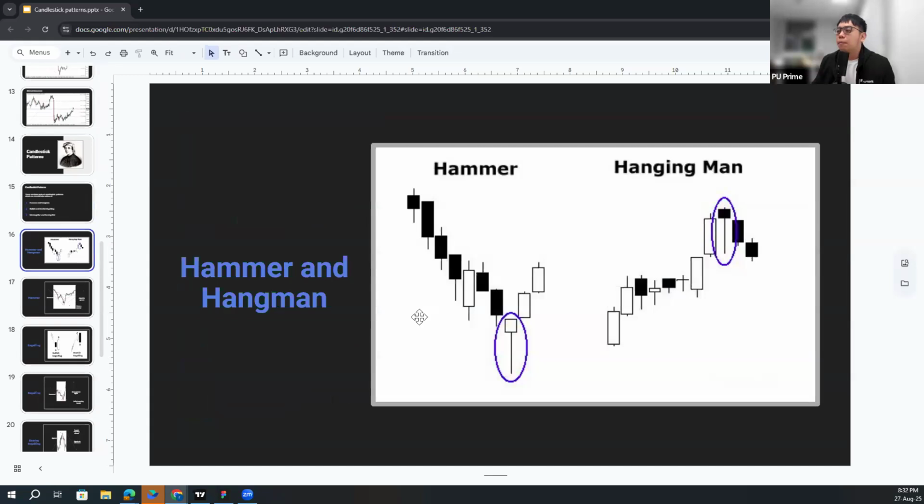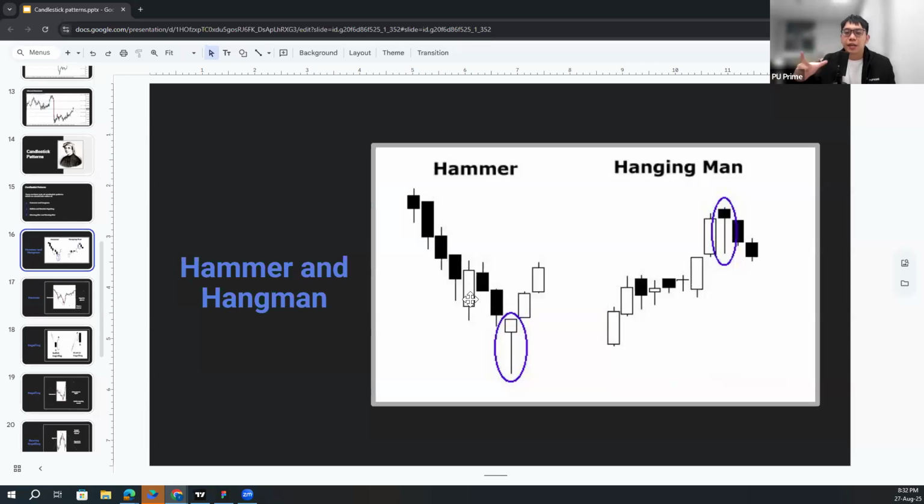All right, so I hope that everyone already knows what a candlestick is and what it consists of. It consists of four very important pieces of information on every single candlestick. Okay, it shows you the highest price in the time frame, the lowest price in the time frame, and the opening and closing price. Of course the body is also very important.